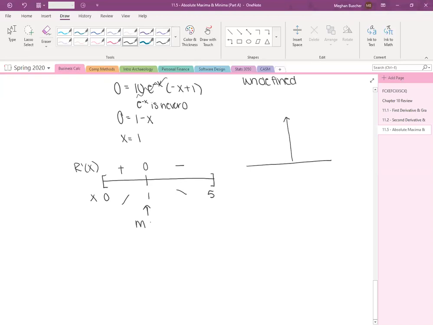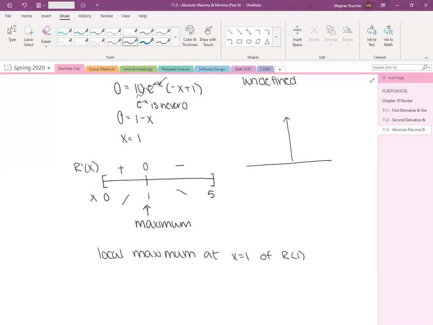Yep, exactly. So we have a local maximum at x equals 1 of r of 1. That's just plugging in 1 into the revenue function.